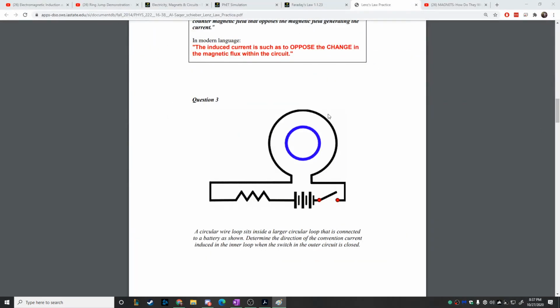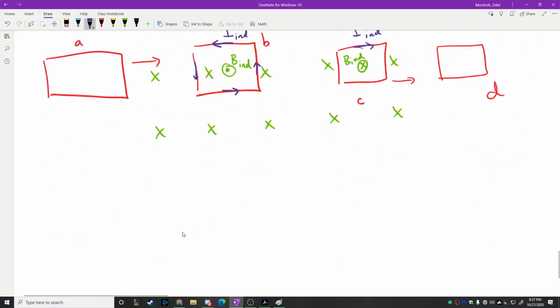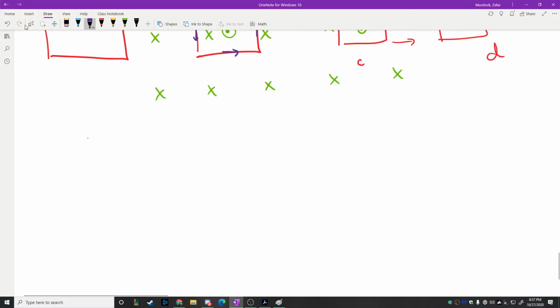Okay, let me actually put this into OneNote so we can do some things. Yeah, you guys are confused. I understand. Let me put this into OneNote and we'll talk about it. I considered putting all these in OneNote earlier, but wasn't sure.